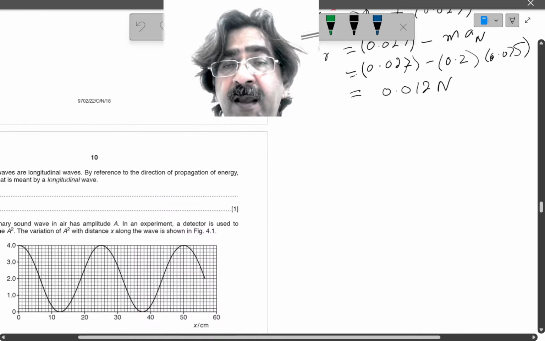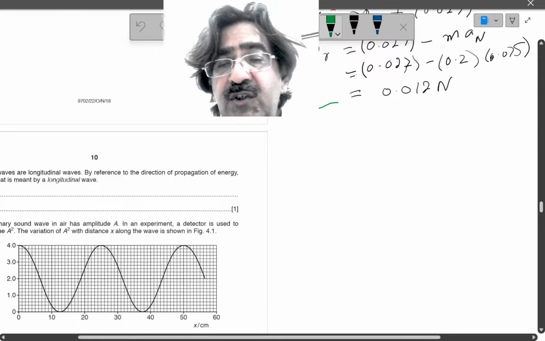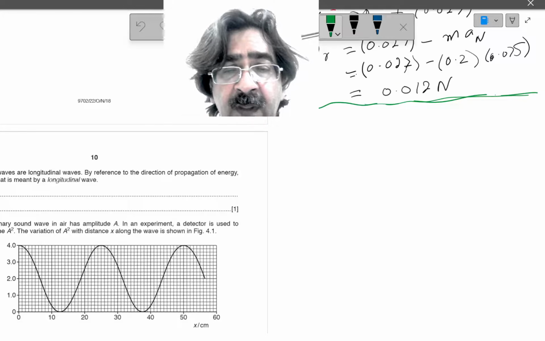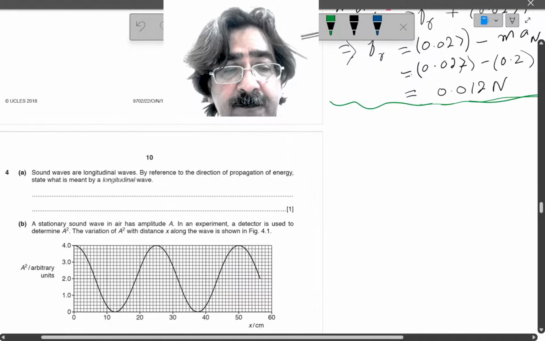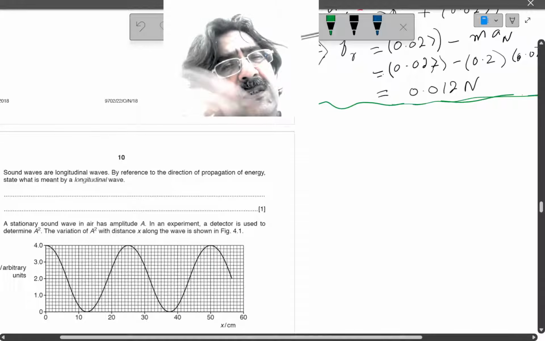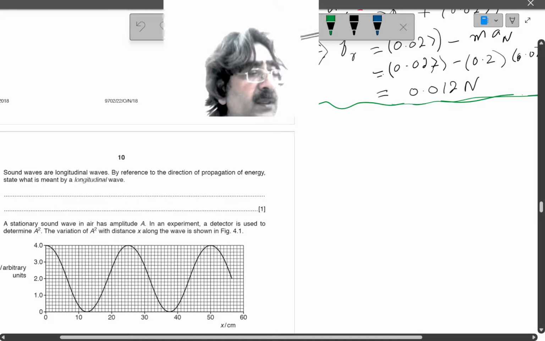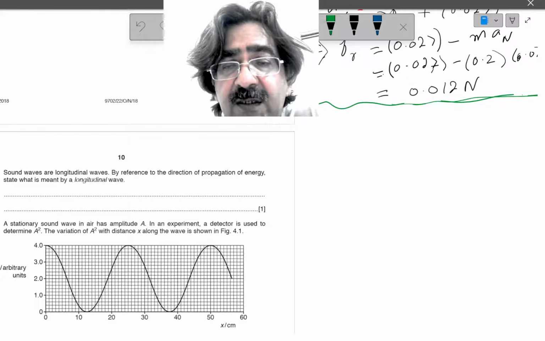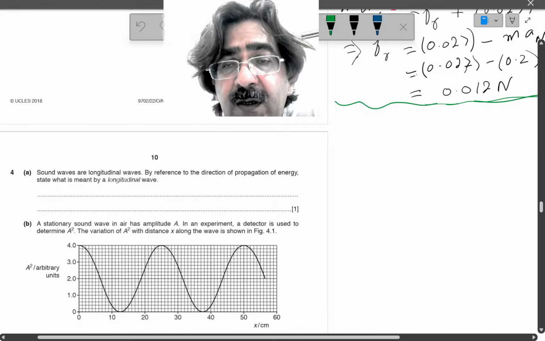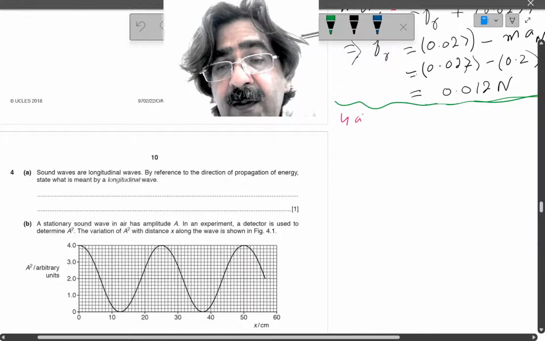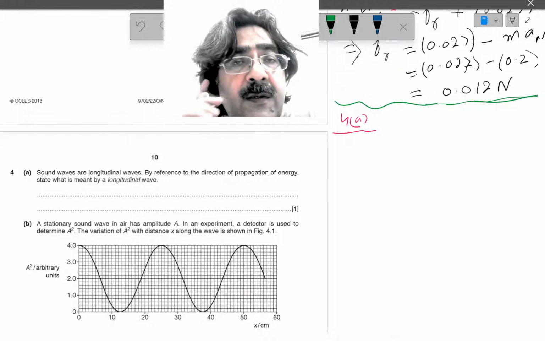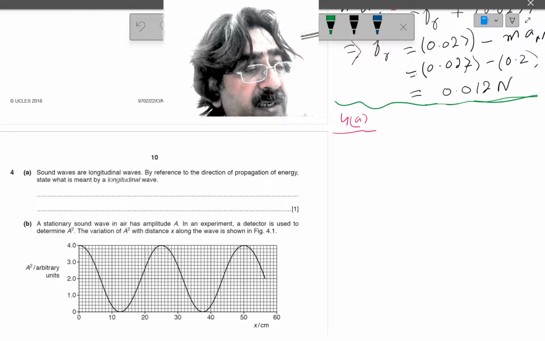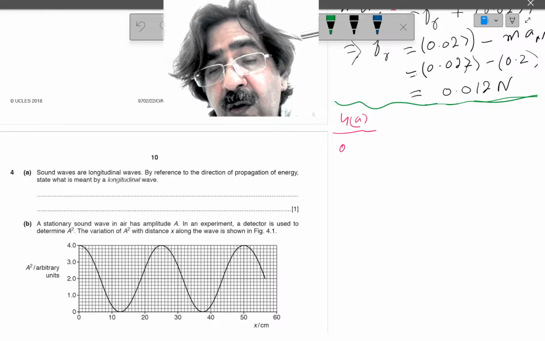As we know, in a longitudinal wave the direction of propagation is along the direction of the disturbance or vibration. So I must write for part A: the oscillation direction will be parallel to the direction of propagation of the energy.